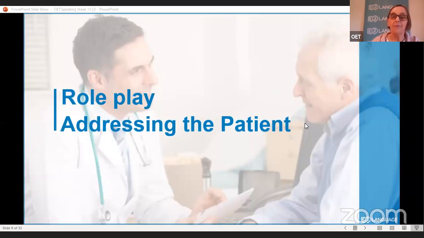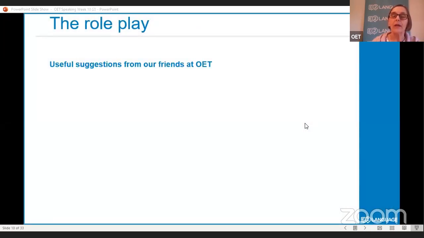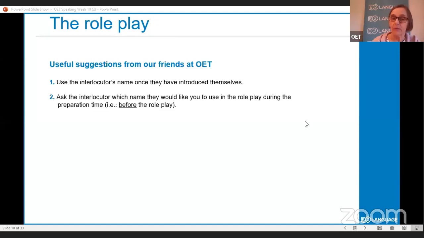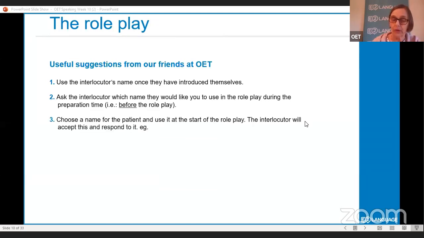So let's think about the names that we want to use, the name of the patient. Probably the most natural one is, of course, to use the name of the interlocutor once they've introduced themselves. And you can ask the interlocutor what name they would like you to use. That's before you start the role play.